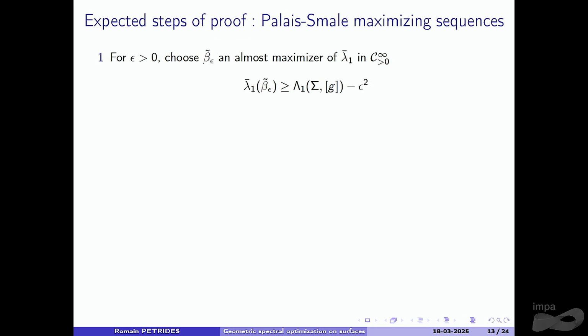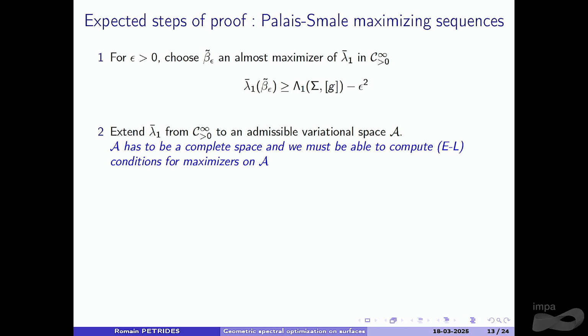So let me take the time to tell again what I just told you. In our problem, we take an almost maximizer. We extend lambda 1 to a good variational space.